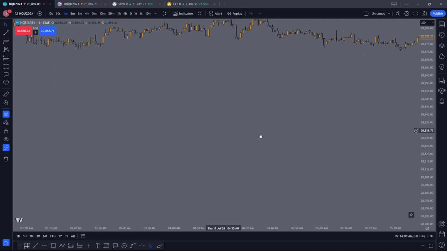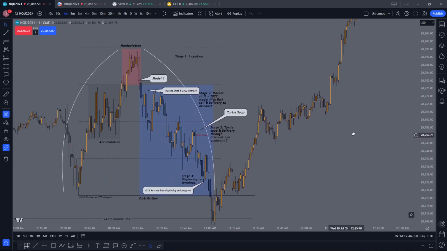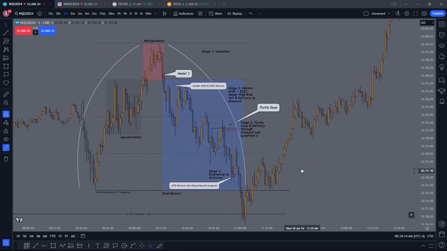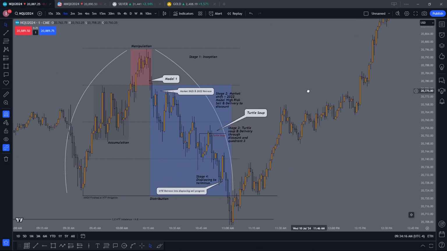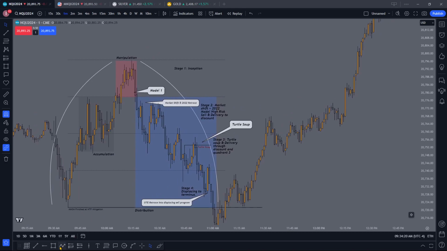Okay, so let's go into grading MMXM price swings. An MMXM can happen in two ways. The inception or manipulation can either be at a key level or to a key level.